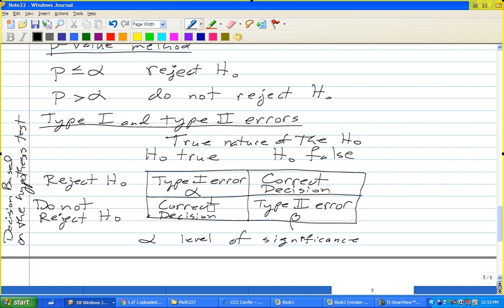We call that alpha. In general, most people pick 5%. And so somewhere between 1 and 5%, 1 and 10%, as I said before.